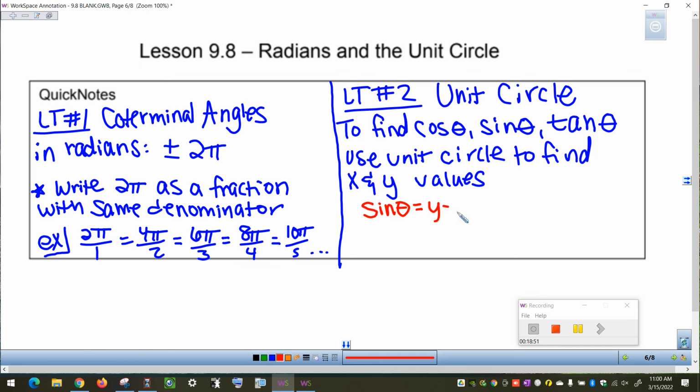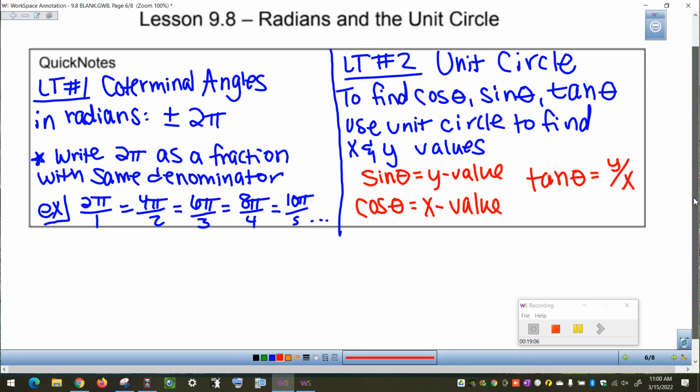And remember that sine is the y value of the coordinate, cosine is the x value, tan is the y value over the x value.